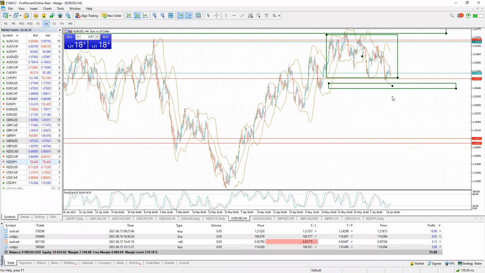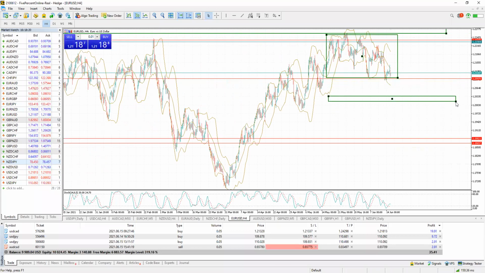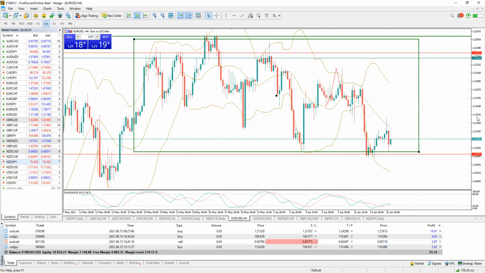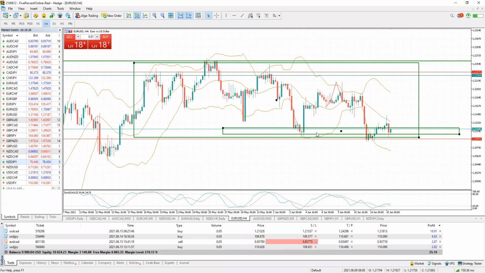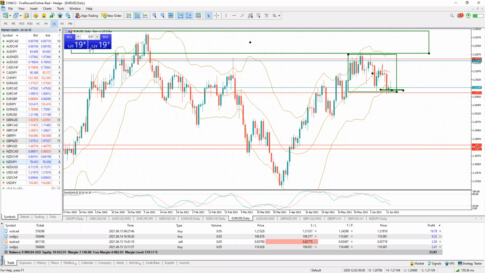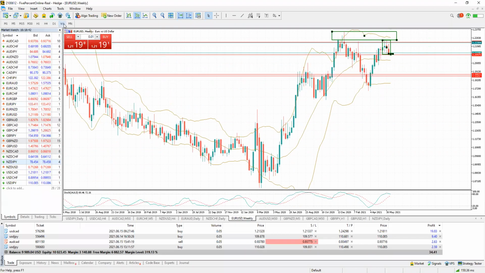There is a supply just here. Okay, so this is the supply. Demand, sorry. So yeah, we have a demand. Make a retest. I don't know if, for a swing trade, I would open a sell position when I see this kind of setup.